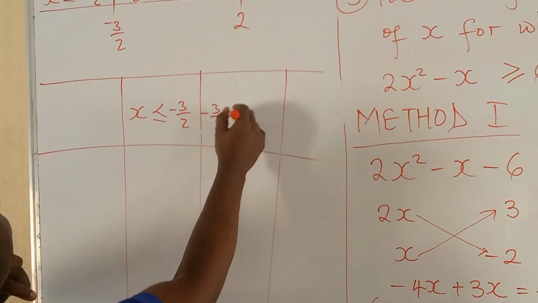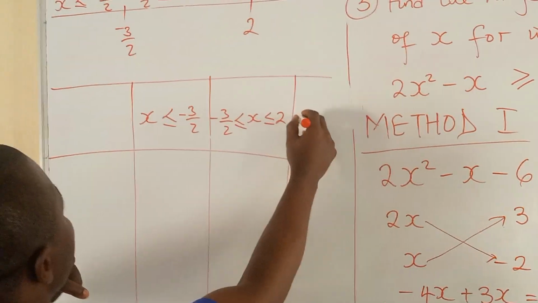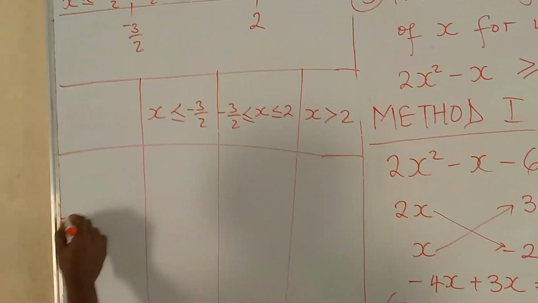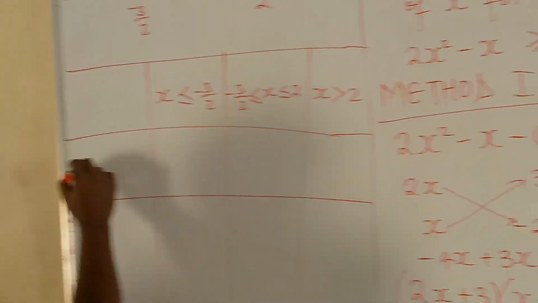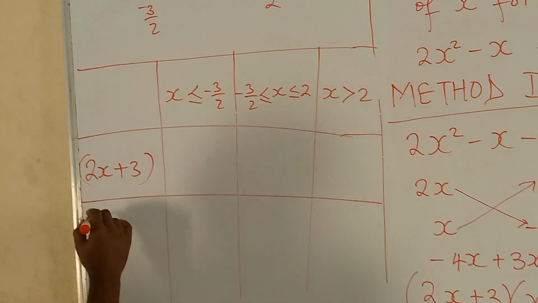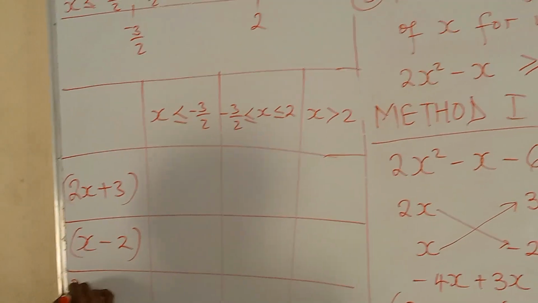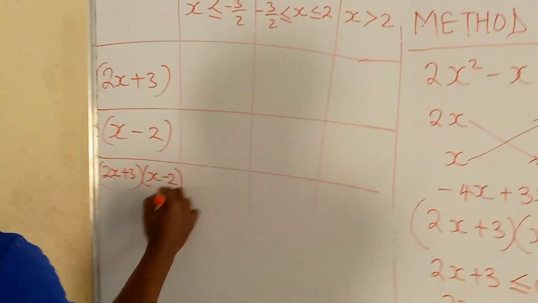Negative 3 over 2 is less than x, less than or equal to 2. x is greater than 2. The first bracket, 2x plus 3. The next bracket, x minus 2. And then their product, 2x plus 3 times x minus 2.